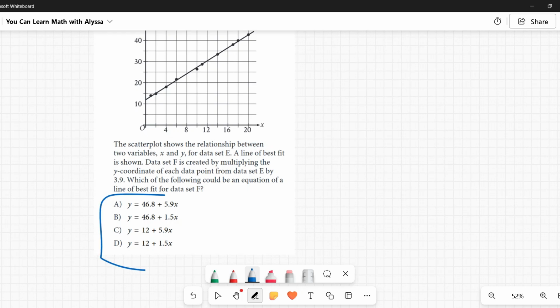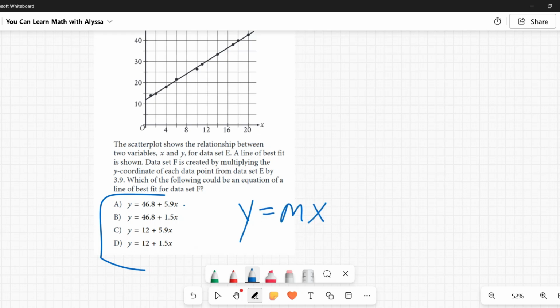When I say two sets, each of these sets of answers shares something in common. I have one that has a y-intercept of 46.8, one that has a y-intercept of 12. And then I have a set here that has a slope of 5.9, and this has a slope of 1.5. Why am I saying this with slopes and y-intercepts?